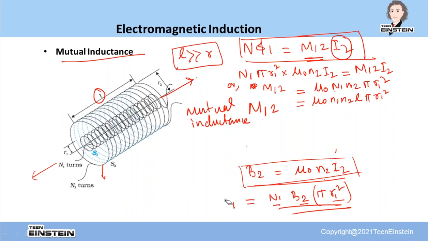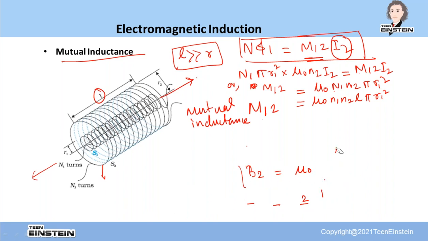So this is the value of the mutual inductance for coil 1, and I have just skipped one point, that inductance actually depends on geometry.